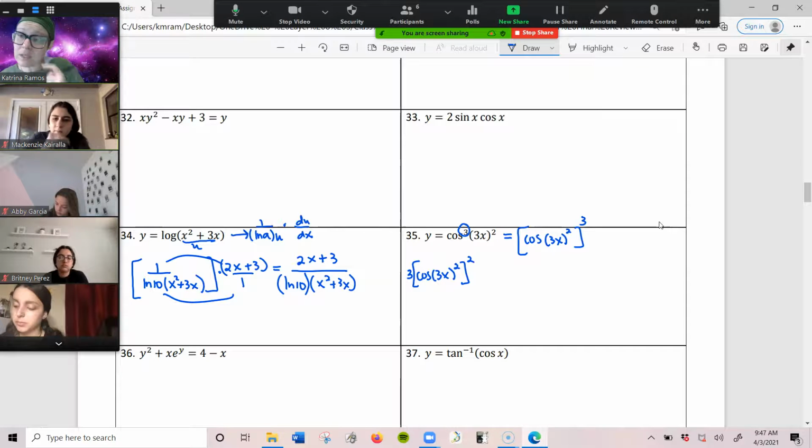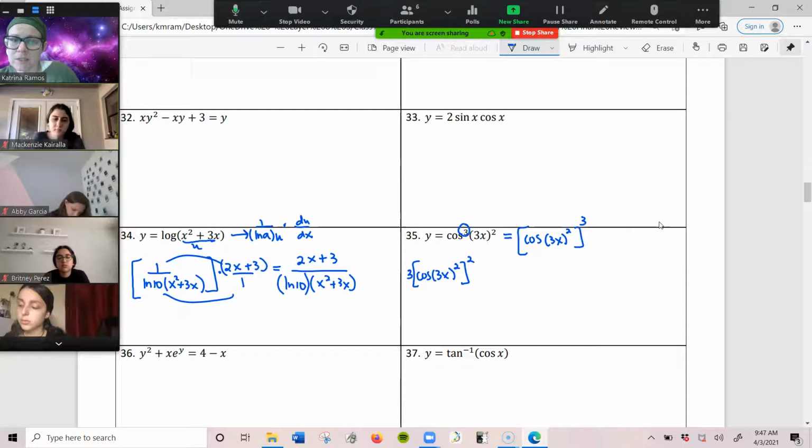Do you want to distribute the exponent first? You should get the same answer. Okay, we'll try it out and see what happens.